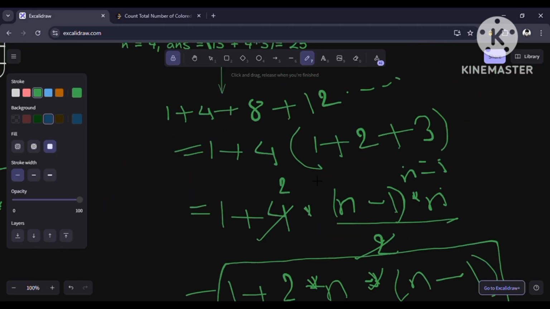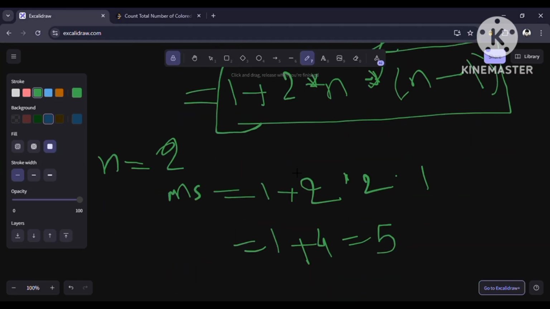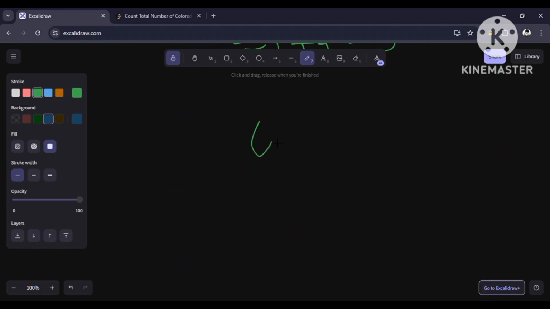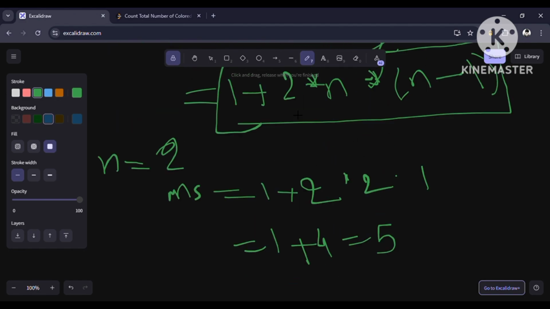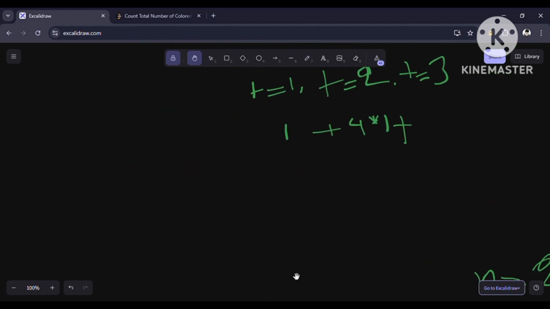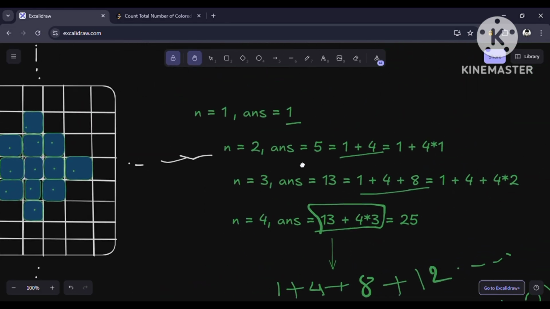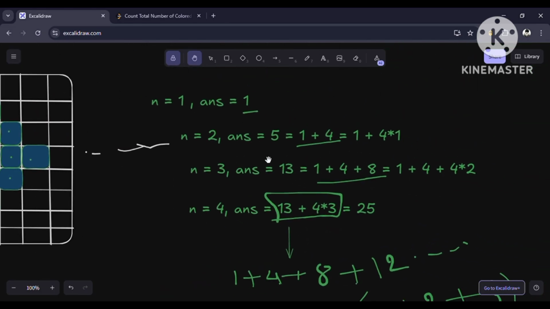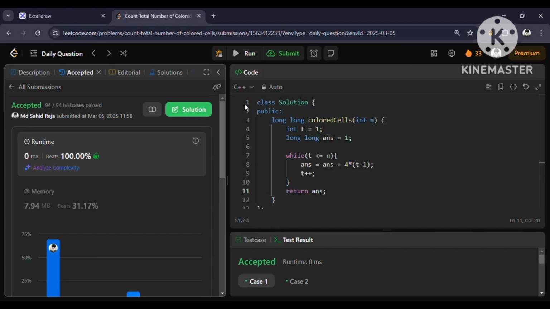Okay, so this was easy, and this will give you order of 1 time. The time complexity will be order of 1. And in the previous example, what was I doing?